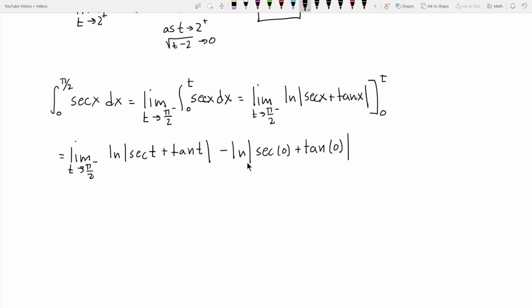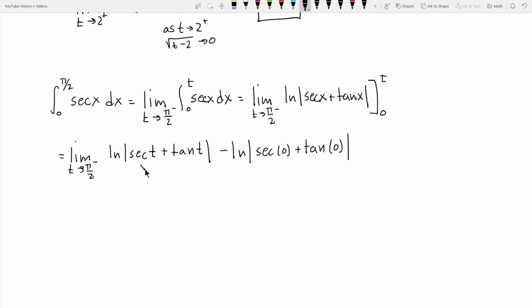It doesn't matter, because as you let t approach pi over 2 from the left, the secant of t goes to positive infinity. The tangent of t also goes to positive infinity.